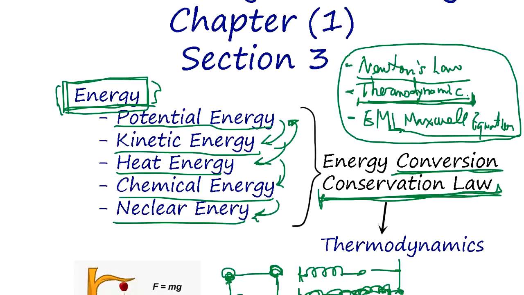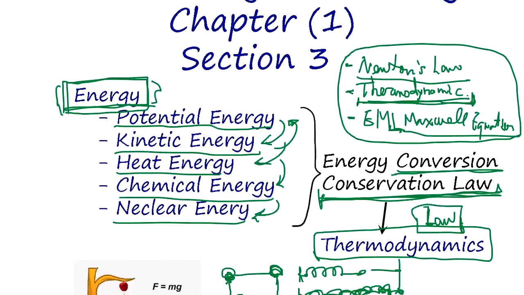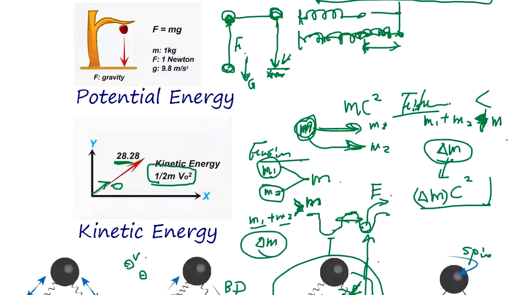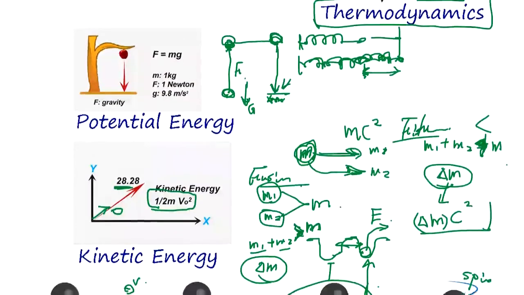That means this entire universe contains a certain amount of energy, and that never changes. It's just conversion of energy types or forms of energy. That's one of the important thermodynamics laws, and you will learn this in more detail in the thermodynamics section. But here we need to understand the introduction of the energy law to deal with Newton's mechanics.